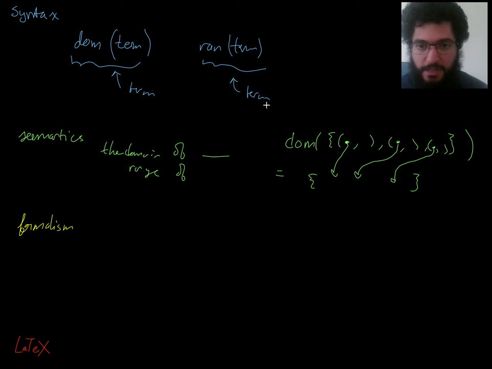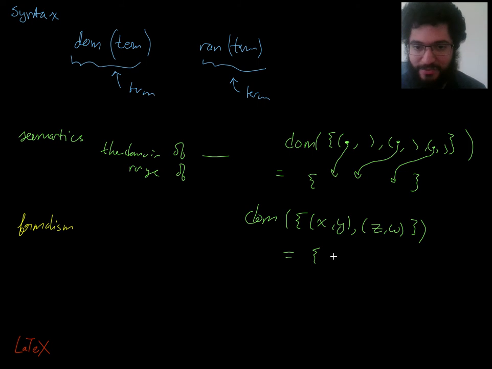And then for range, you're extracting the second position instead. So for example, however we end up defining domain, one hopes that one can prove that if I have a set consisting of the pairs (x, y) and (z, w), then the domain is the doubleton {x, z}, a set whose contents are the first positions of all the pairs in the original set.